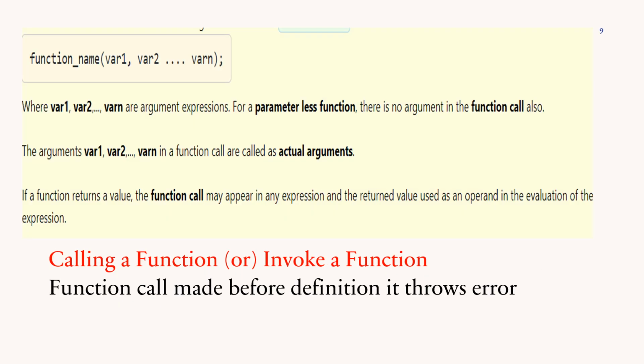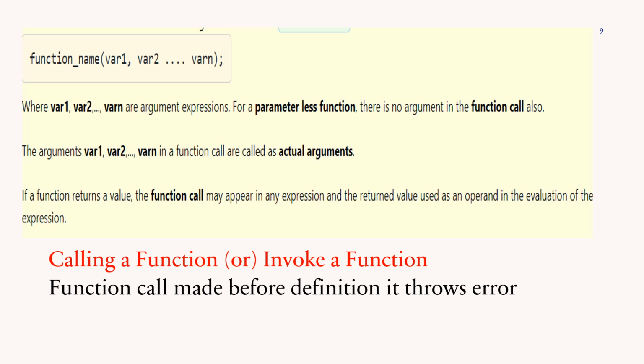Coming to the function calling, you can see the syntax: function name, variable 1, 2, and you can have any number of variables, and it has to end with a semicolon. So these variable 1, 2 are the argument expressions. For a parameterless function, there is no argument in the function call.